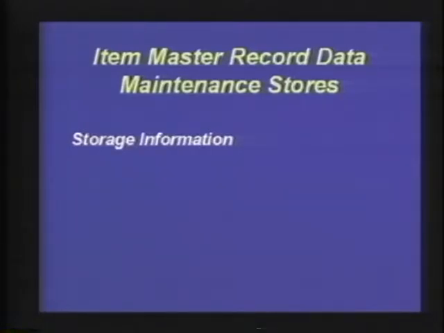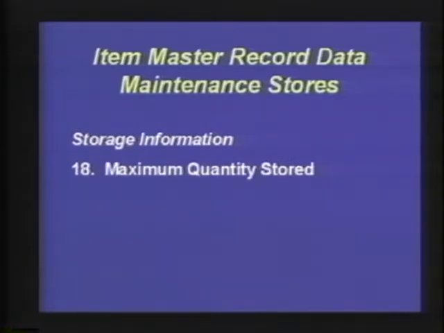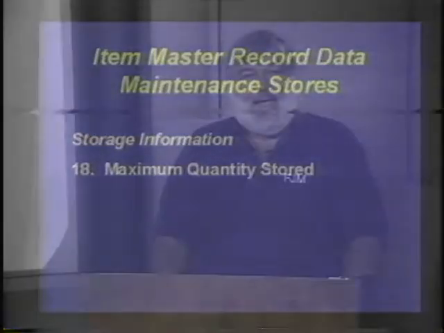So one of the key considerations is to determine, if you will, the maximum quantity of a part number that is going to be stored. There is a formula for the maximum quantity stored, and it's very simple. If you would please jot this down, I'm going to go over it with you. The formula goes as follows.